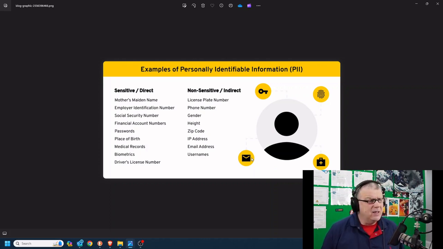Now you might say, how would mother's maiden name potentially do me harm if that was released? Well, we even have to go a little bit further back. For many years, they used to say mother's or maternal grandmother's maiden name. And I remember this as a small child. I was probably 9, 10 years old. I was at the bank with my mom, and she was creating an account.